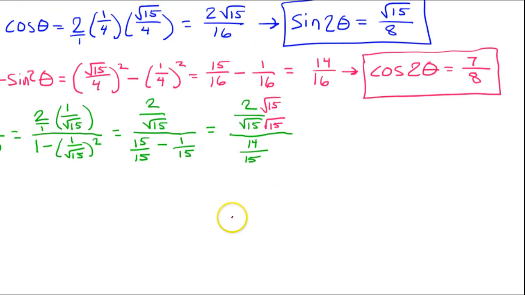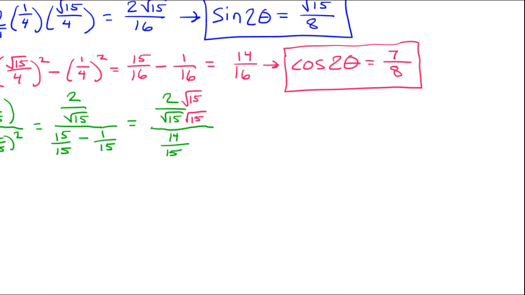Okay, so that is going to give me, and I have space, so I'm going to do it down here, 2 radical 15 over 15, and that is over 14 fifteenths. Alright, so I just rationalized the denominator in the top part. Okay, now I'm going to go ahead and multiply by the reciprocal.